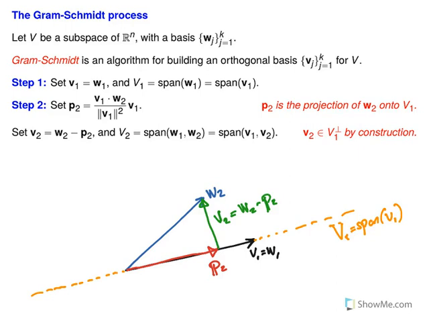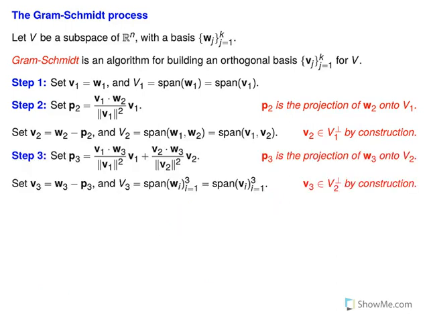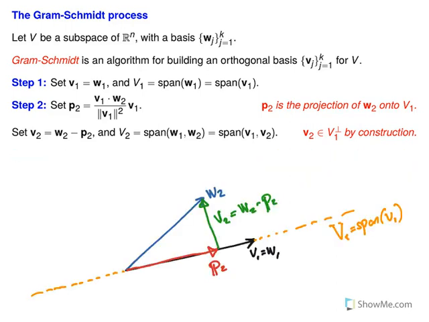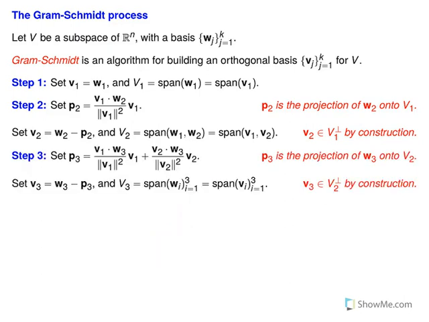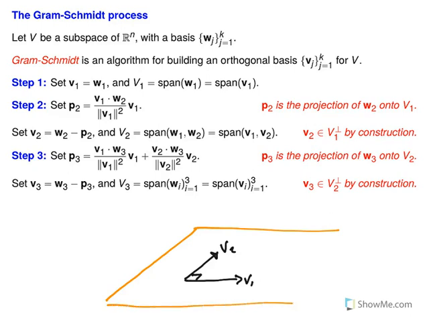So now let's think about the third step. Where are we now? We've built two vectors, v1 and v2. These guys are orthogonal. Sorry for the flipping back and forth. I just want to try to use the same colors. So they span some space, capital V2.